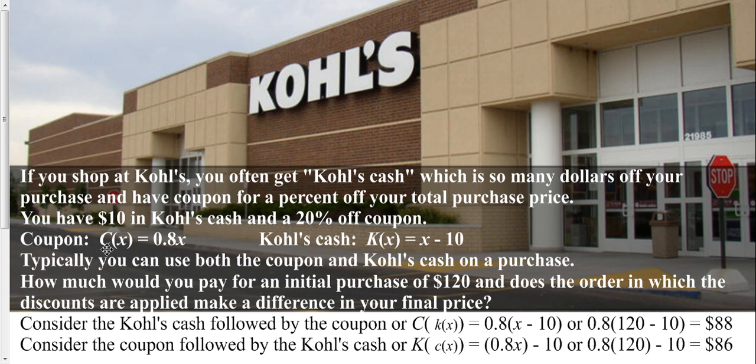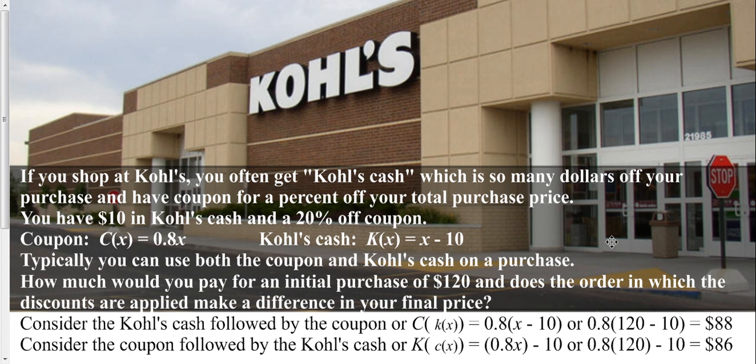So the price after the coupon, we could say C of x, is 0.8 times x. Then your Kohl's cash just takes $10 off your purchase price. So C of x for Kohl's is just your purchase price minus 10.